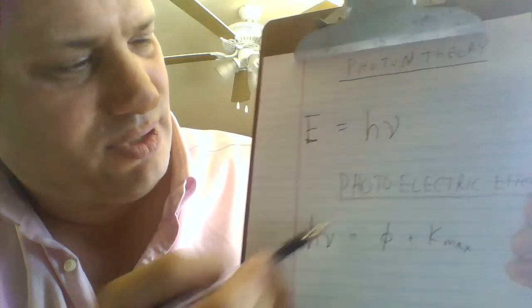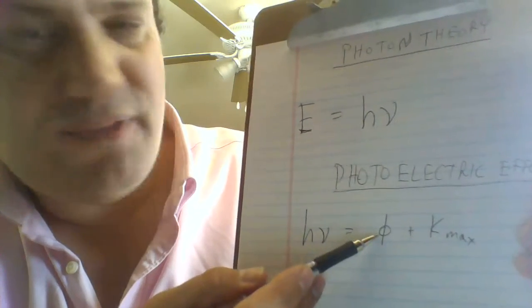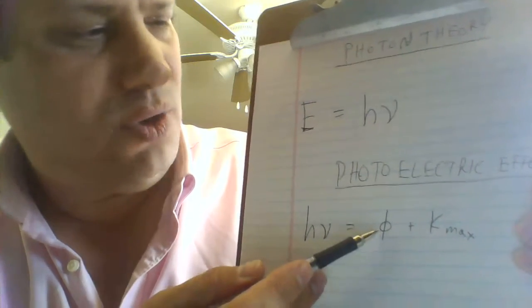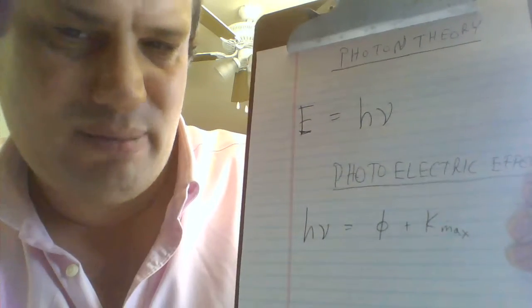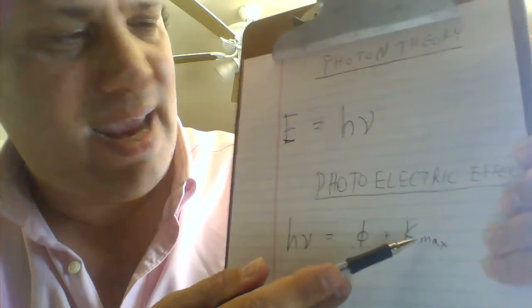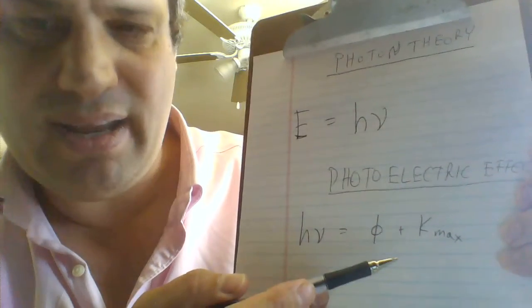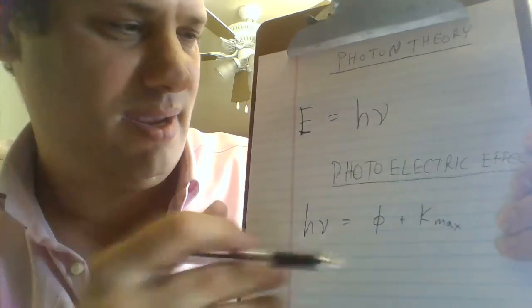In the photoelectric effect, h nu, that's a photon, is equal to phi, that's the work function. The work function is the energy it takes to get the electron out of the atoms of the metal and flying into free space, plus K max, and K max is the kinetic energy of the fastest photoelectron coming out of the emitter to the collector. So that was what Einstein came up with.